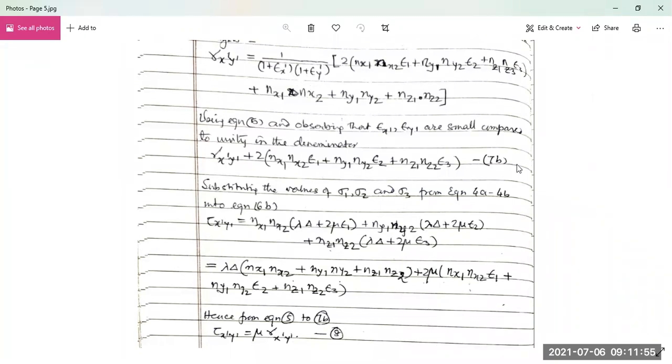Here we have devised one equation where nx1, nx2, ny1, ny2, nz1, nz2 are the direction cosines of our coordinate system Ox', y', z' with the original coordinate system Ox, y, z, where Ox, Oy, and Oz are along the three principal planes as per our earlier definition.